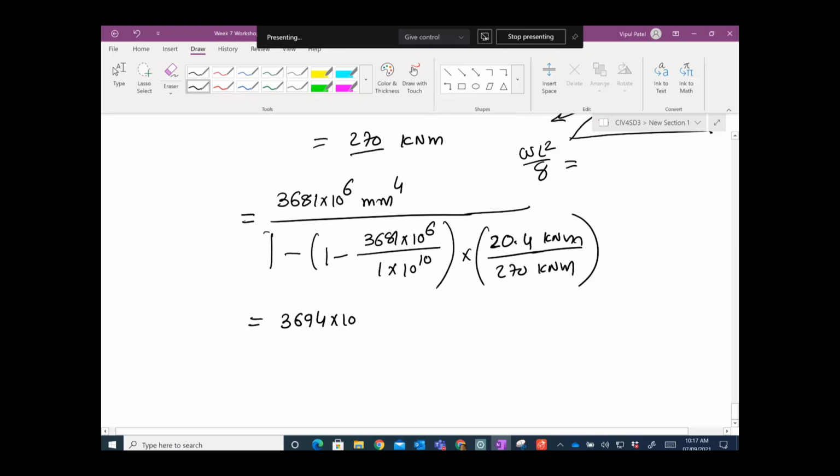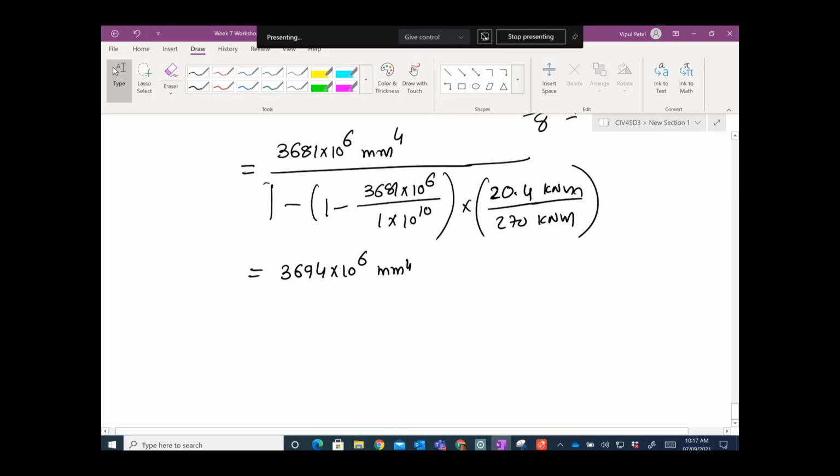There are a couple of checks we need to make. Millimeter to the power 4. Now, check number 1, the first check we're going to make, is that the I effective we calculated should be less than I effective maximum.